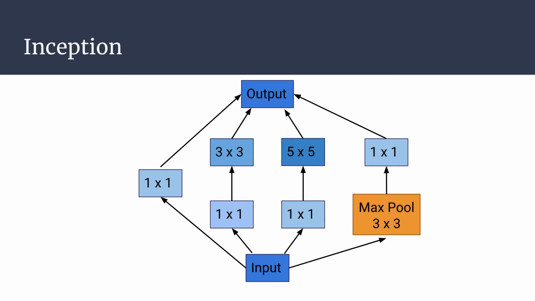So, essentially, what they do in the Inception network is apply all of them, just in parallel. So they have a 1 times 1 filter, a 3 times 3 filter, and a 5 times 5 filter, as well as a max pooling layer. They apply all of those in parallel and then concatenate the results to get the output.